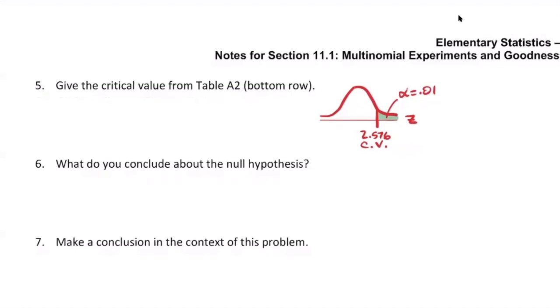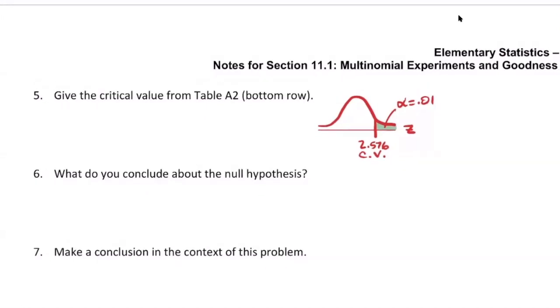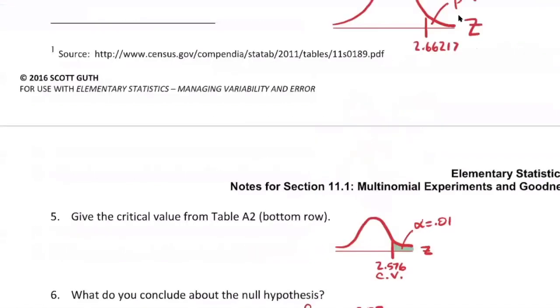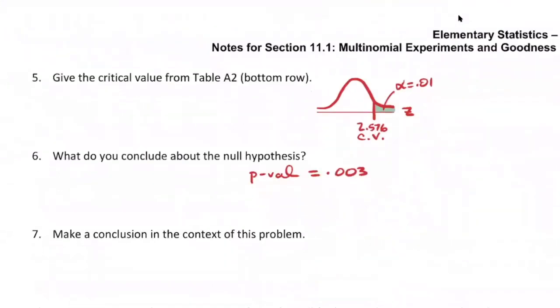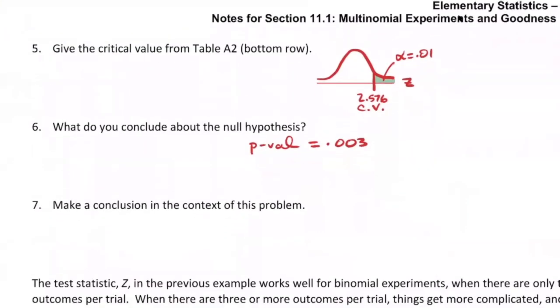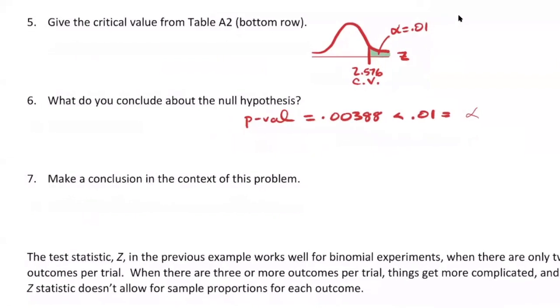Okay, so with the null hypothesis, we remind ourselves the p-value was 0.00388, which is less than 0.01, which is our alpha. Is that a reject or a fail to reject? Anything?